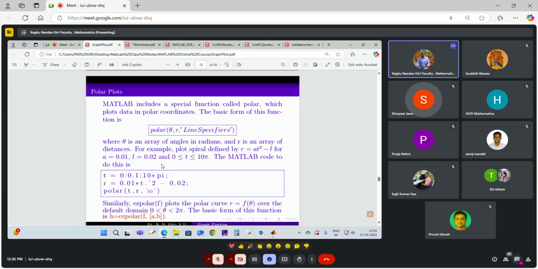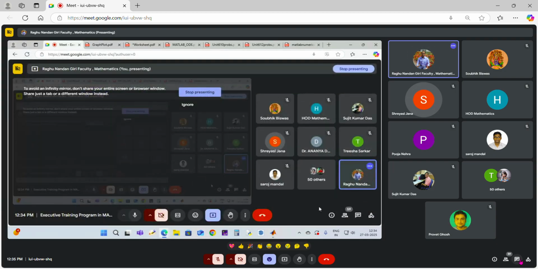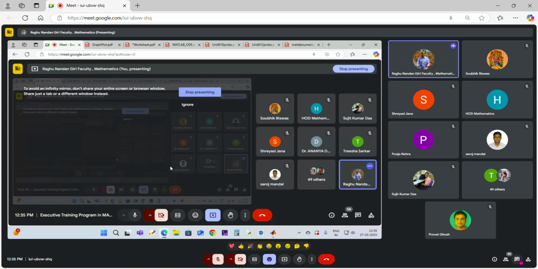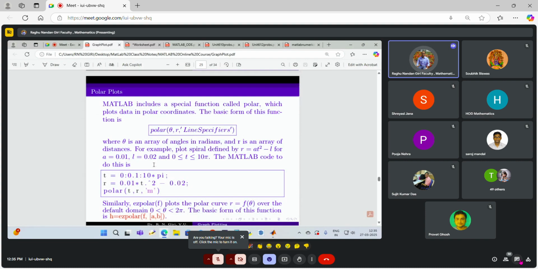Okay, this is the polar graph of a spider, r equal to a theta square minus L. So in this way we can draw the polar graph also.